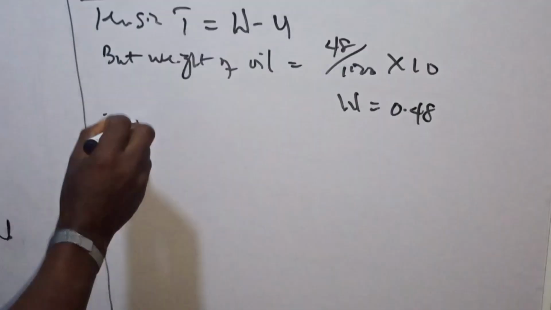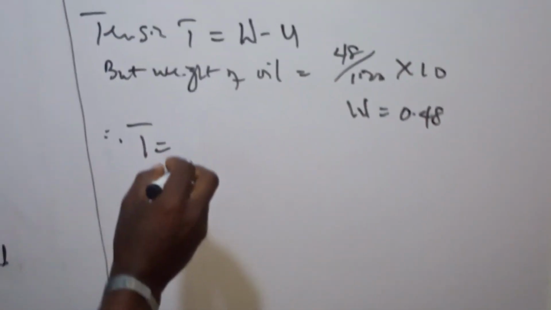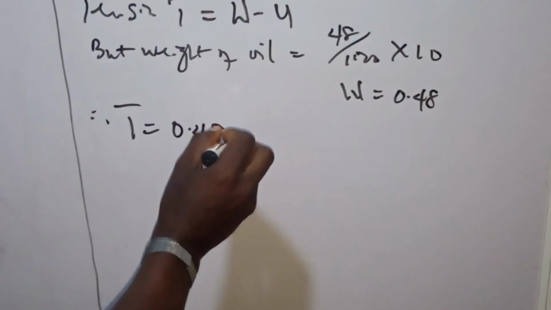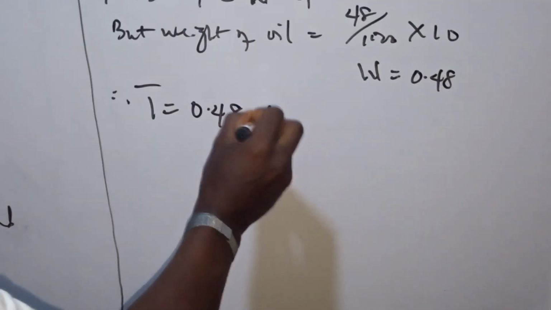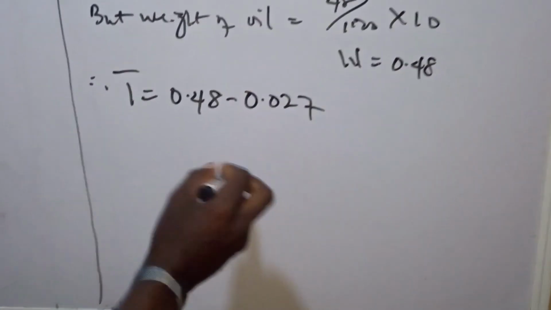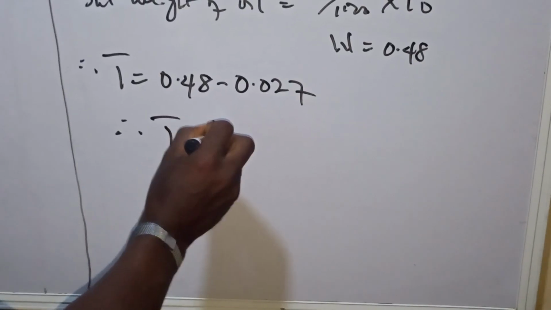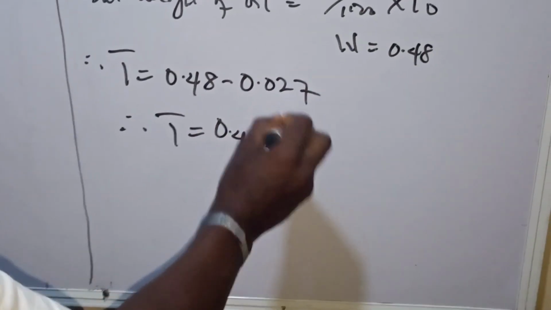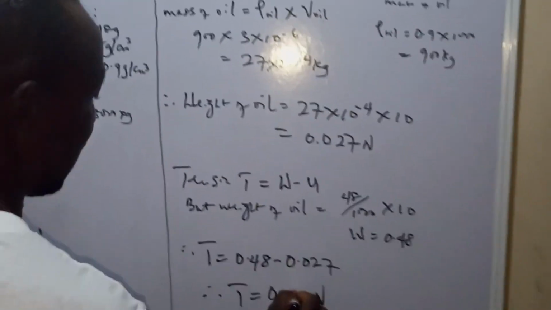Therefore, tension now will be the weight, which is 0.48, minus the upthrust, which is 0.027. Therefore, the tension here will be equal to 0.453 Newton. As simple as this.